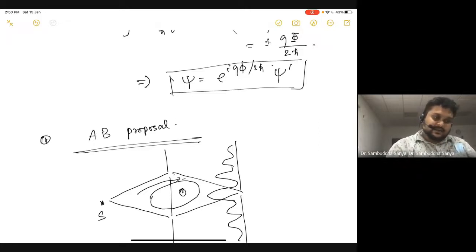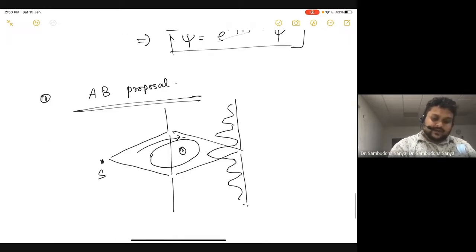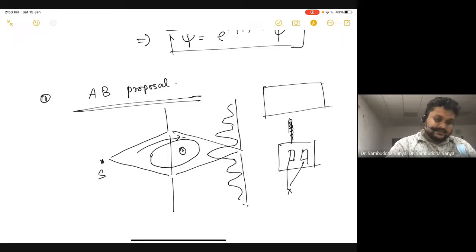So the experimental setup is like the following. Looking at it from this view, this is the double slit. From here I'm sending the electron, and the solenoid is kept like that around some cylinder, and here is the slit. So the electron goes along this path and encounters the solenoid in the middle.